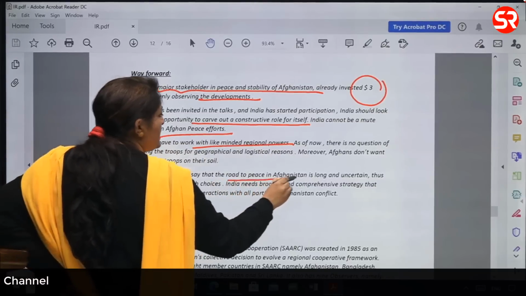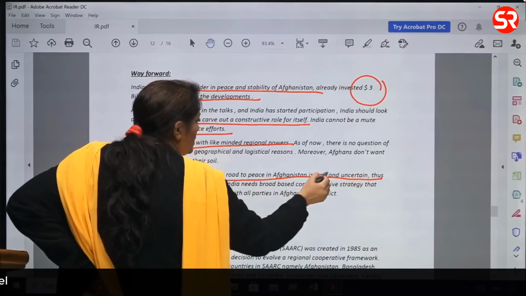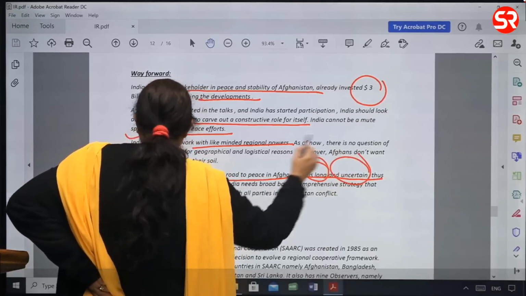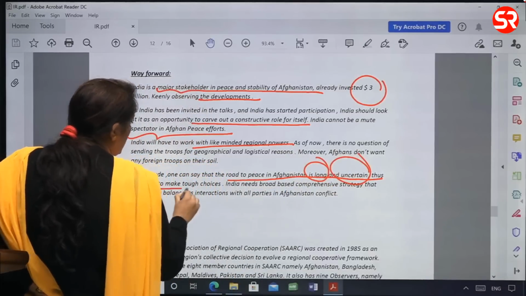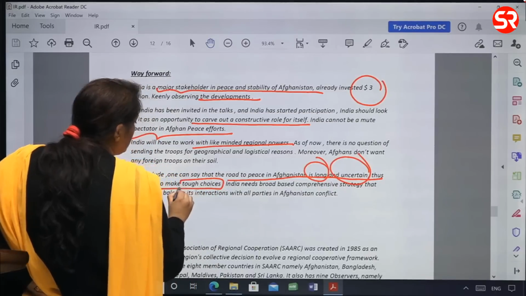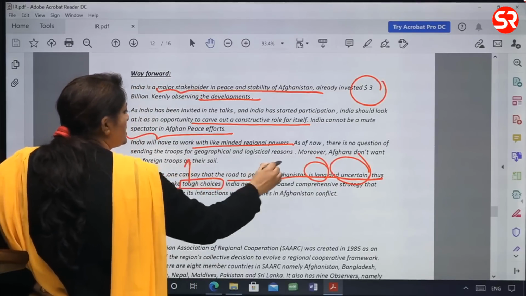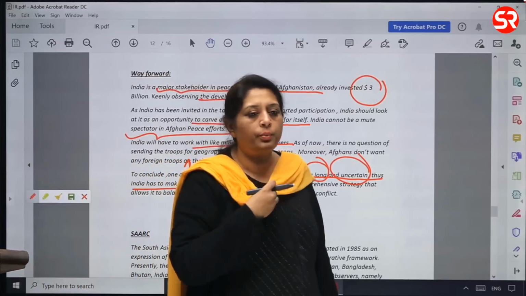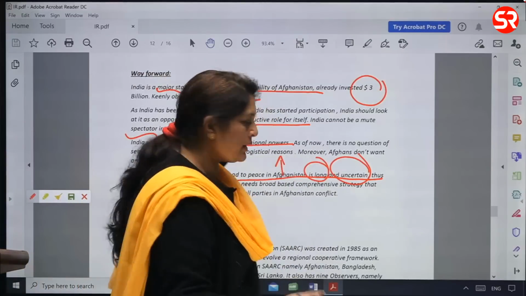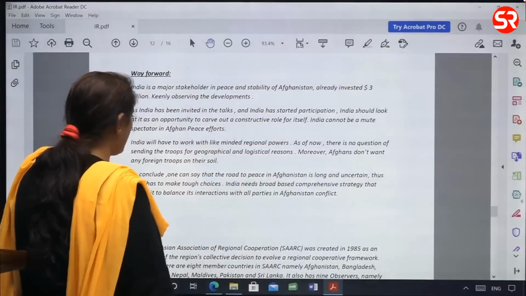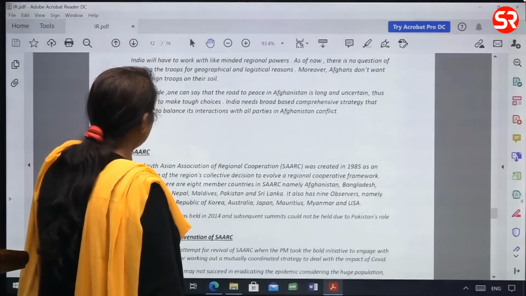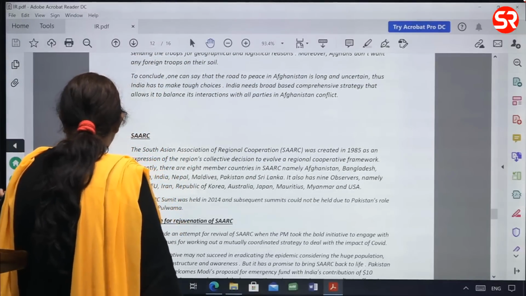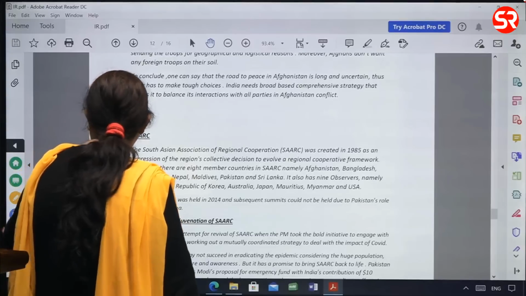The road to peace in Afghanistan is long and uncertain, and thus India has to make tough choices. These are the words you can use, because nothing concrete can be proposed. Even the government is still facing a policy dilemma in Afghanistan.